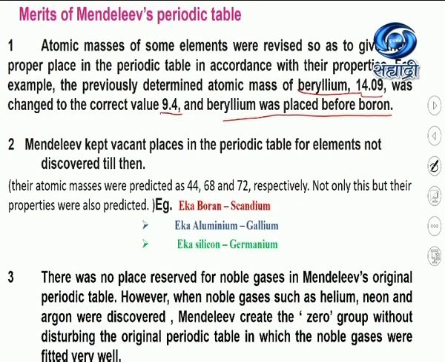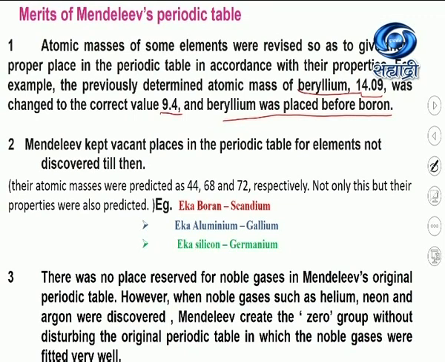What is the second merit? Mendeleev kept vacant places, as I told you before, in the periodic table for elements not discovered till then. But the very important thing is that he predicted the properties of elements which were not discovered till then.